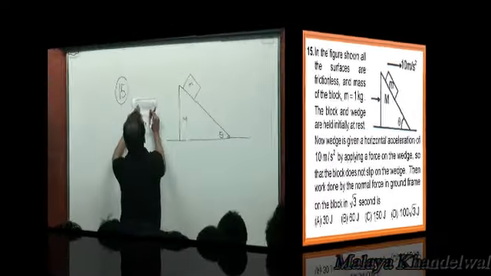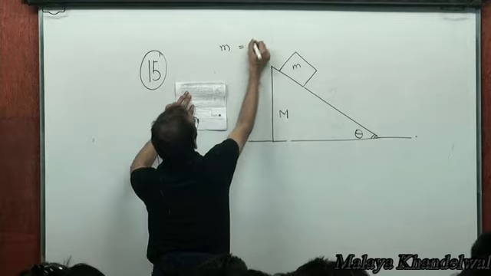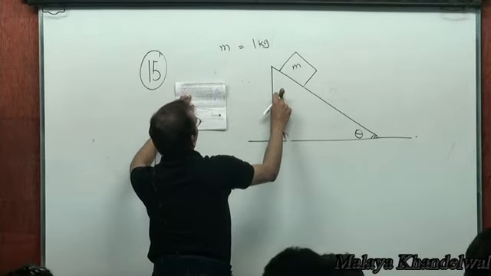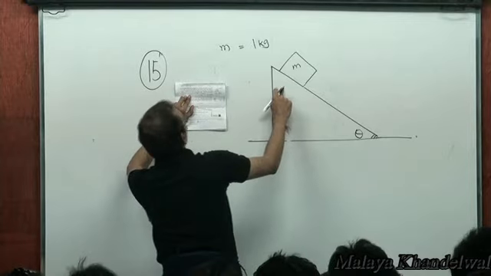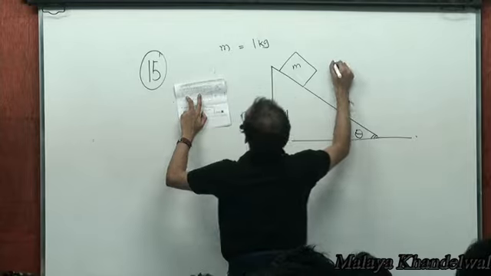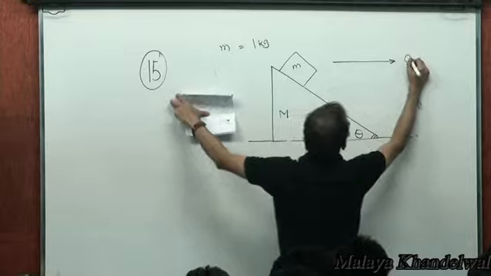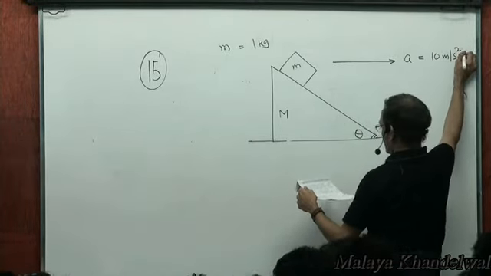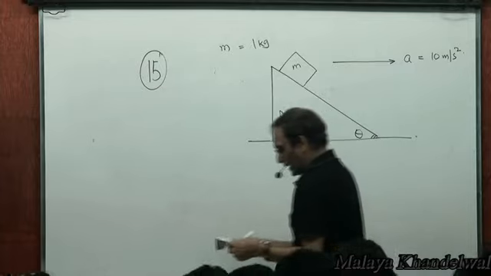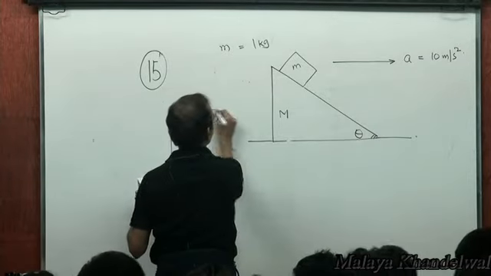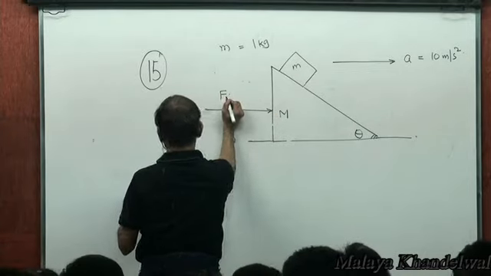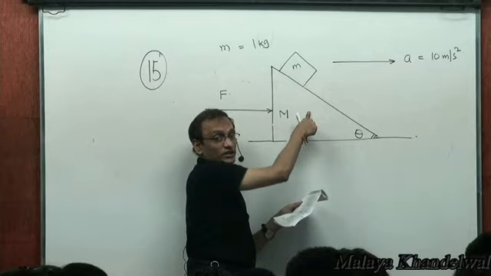So there is m equal to 1 kg. The block and the wedge are initially held at rest. Now the wedge is given a horizontal acceleration of 10 meters per second squared by applying a force on the wedge, so that the block does not slip on the wedge.